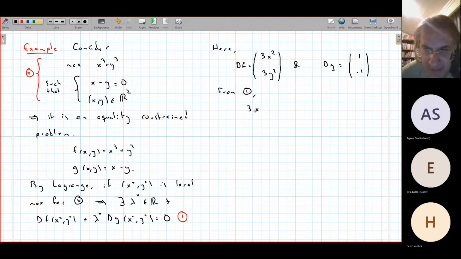So you have this vector plus lambda star times this other vector, that's equal to 0.